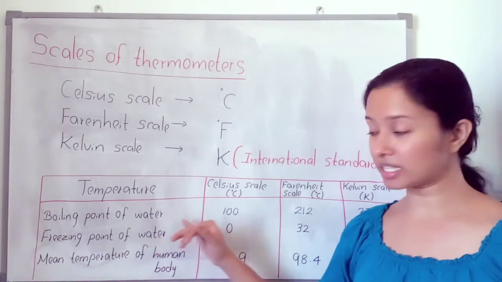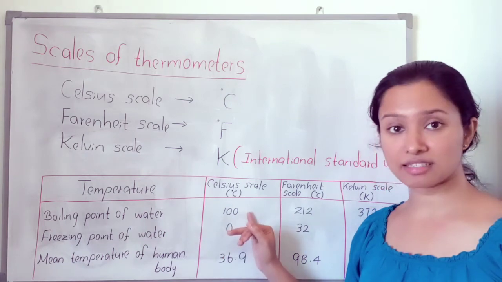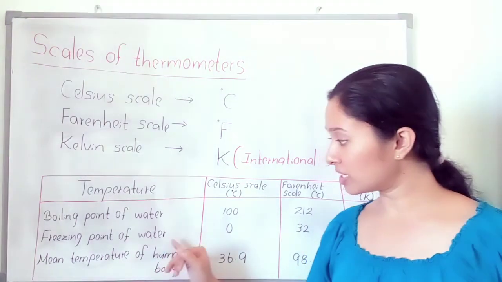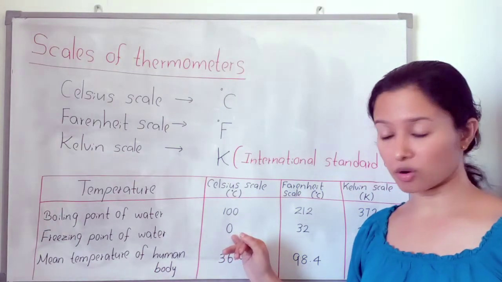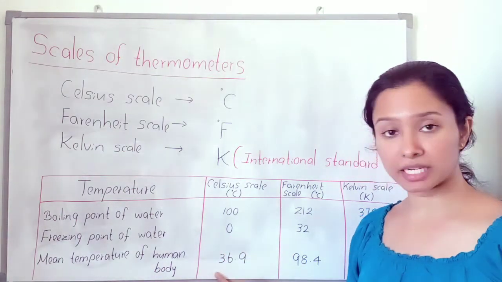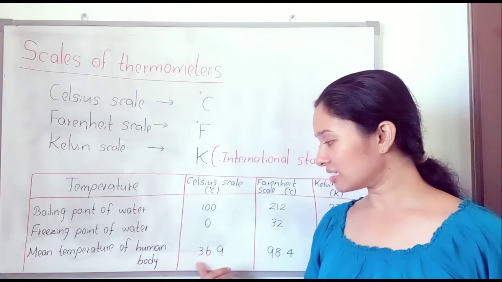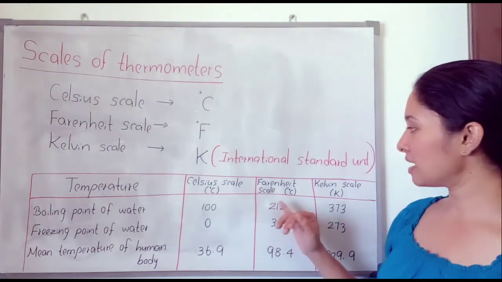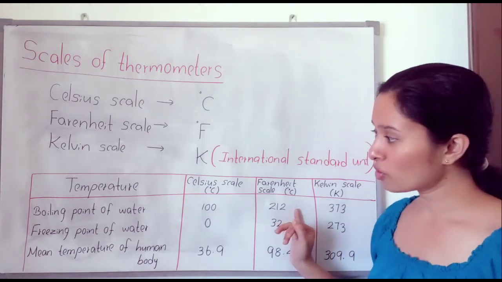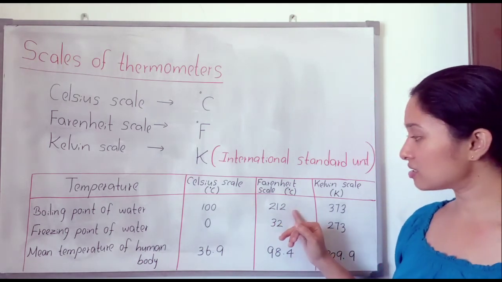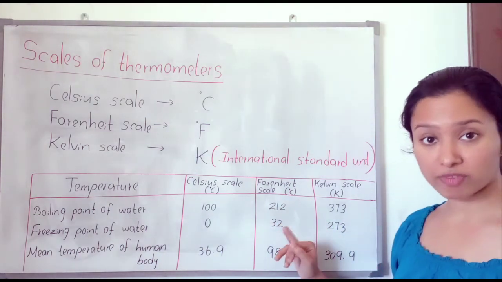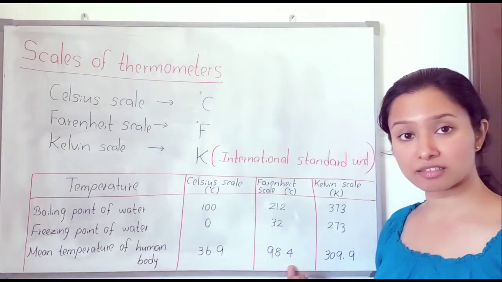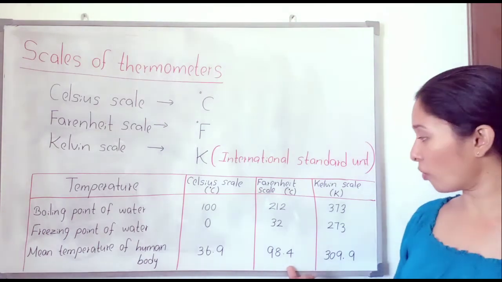The boiling point of water is 100 Celsius. Then the freezing point is 0. Then our body temperature is nearly 36.9, nearly 37. Then in Fahrenheit, what is the boiling point? It is 212. And the freezing point, and our body temperature is 94.